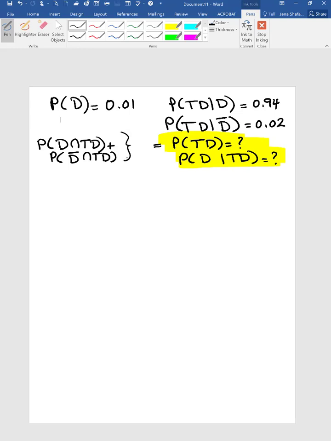So these two joint probabilities, the summation of them, would be the answer to the first question.